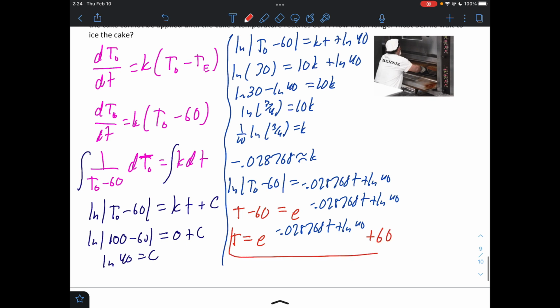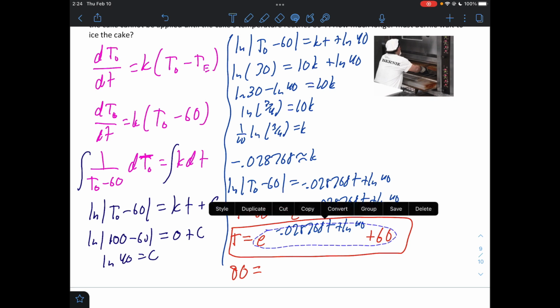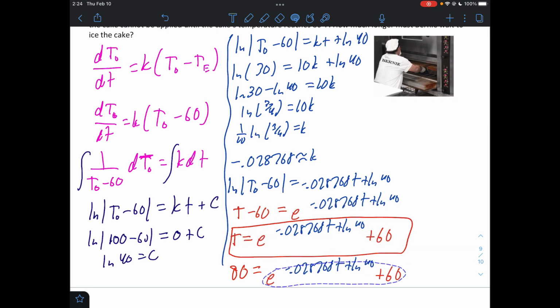And this is our equation for T, big T, at any time little t. All right, so now all we're going to do is set big T equal to 80 and solve this. And I'm running out of room quickly here.